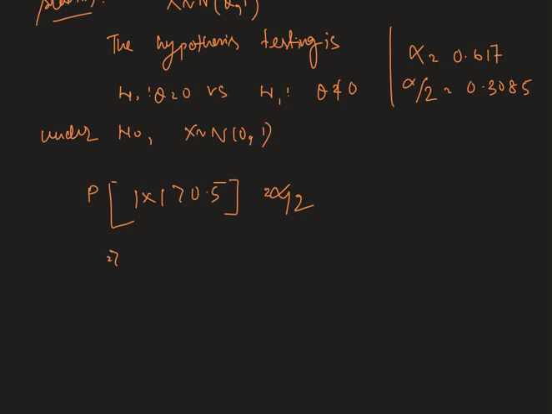Therefore the critical region omega is modulus of X greater than 0.5.